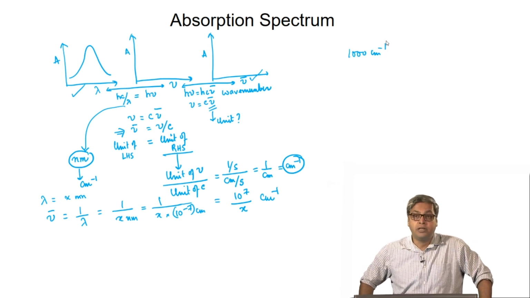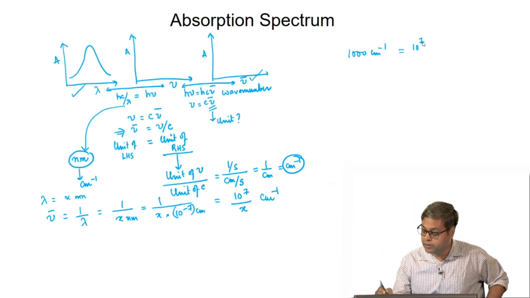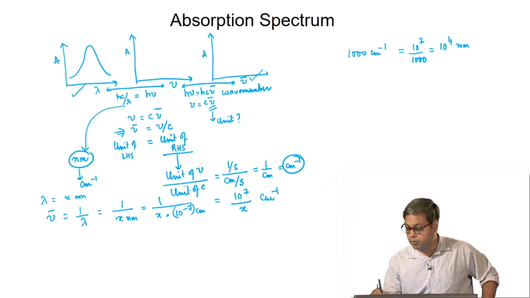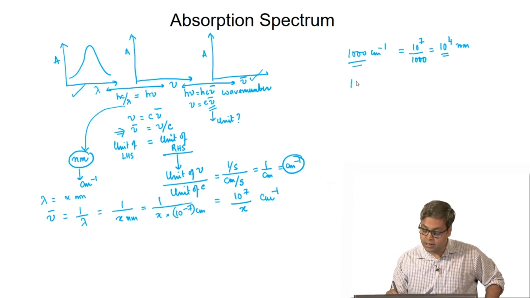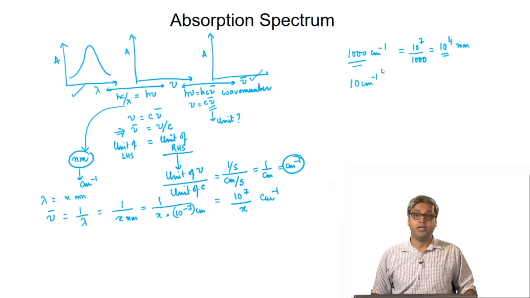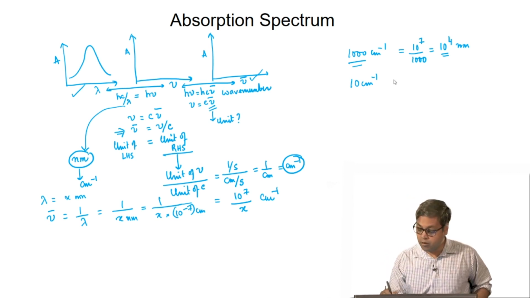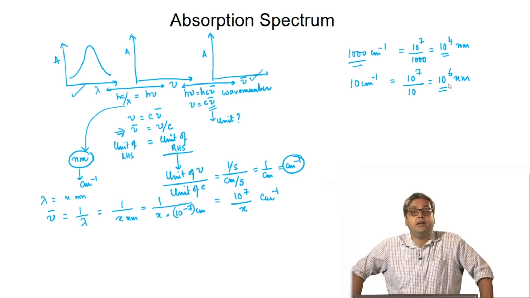If we convert this number into nanometer, it will be 10 to the power 7 by 1000 equals 10 to the power 4 nanometer. So, 10 to the power 4 is a larger number than 1000. Similarly, 10 wave numbers is a typical energy gap involved in a microwave transition. This amounts to 10 to the power 7 divided by 10, that is 10 to the power 6 nanometer, which is a very, very large number.